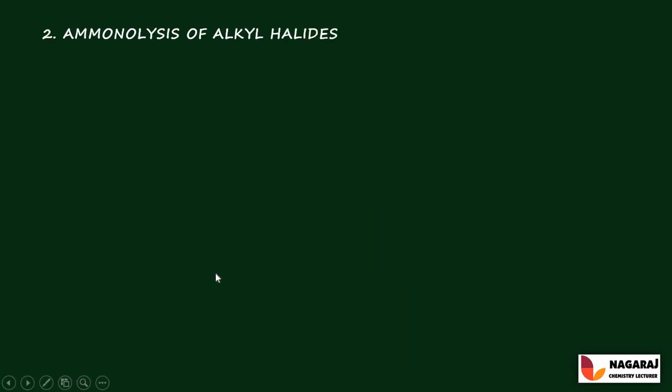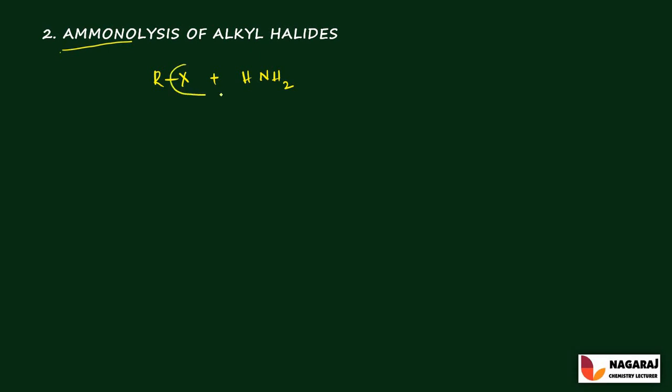And the next method is ammonolysis of alkyl halides. What is this ammonolysis? Ammonolysis means the cleavage of the C-X bond by the presence of ammonia. That is, RX, an alkyl halide, reacts with ammonia, NH3.